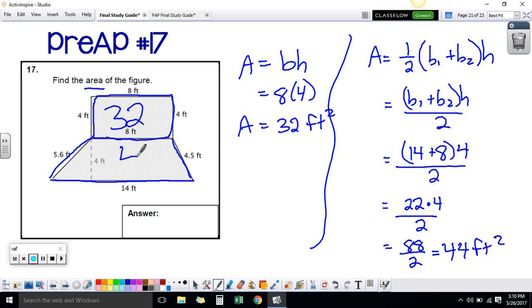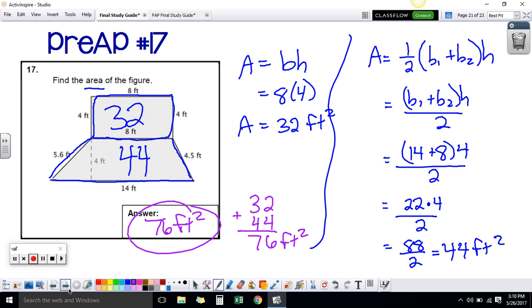Okay, so your trapezoid has an area of 44, your rectangle has an area of 32, so 32 plus 44 is going to give you 76 square feet. Final answer.